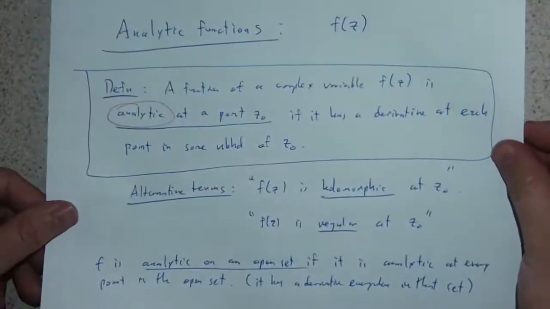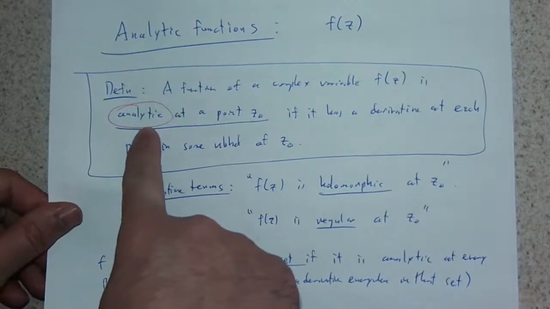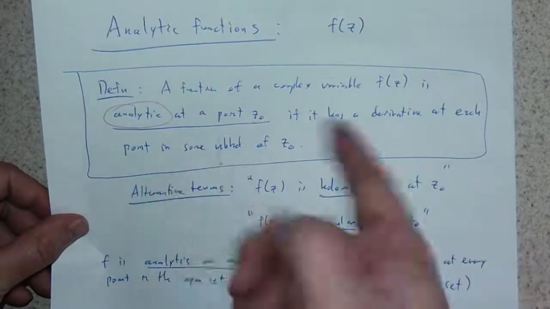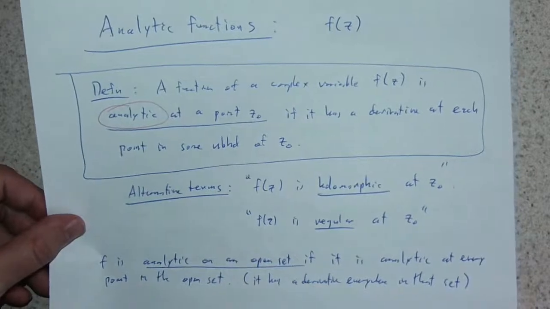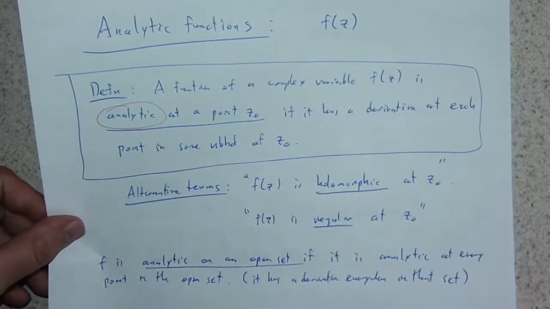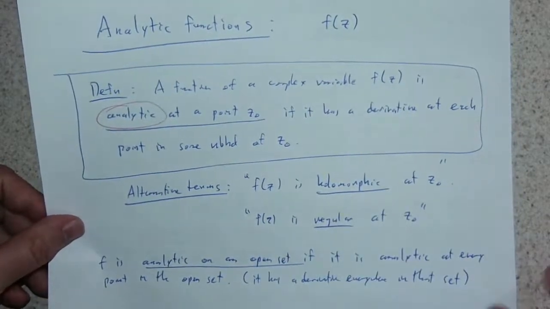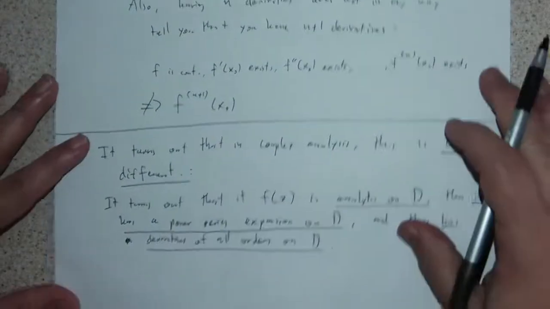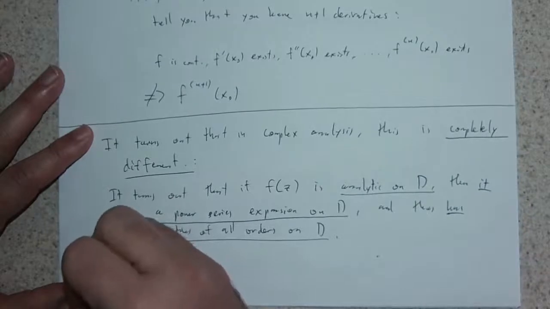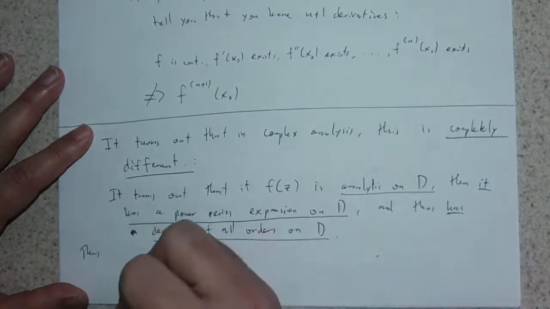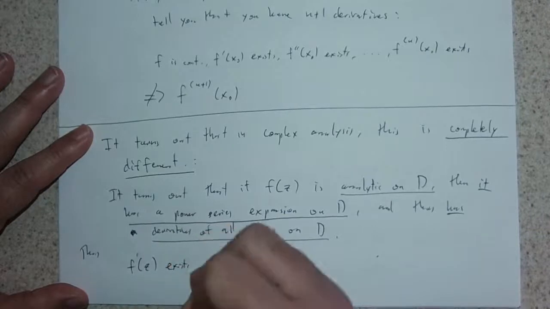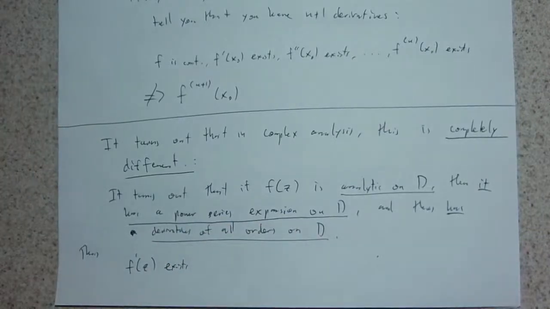But being analytic at a point z0, the definition was just that it has a derivative at each point in some neighborhood of z0. That is, f prime of z exists, right? And so in complex analysis, what I'm saying is that f prime of z exists, say at each point in some neighborhood of z0.